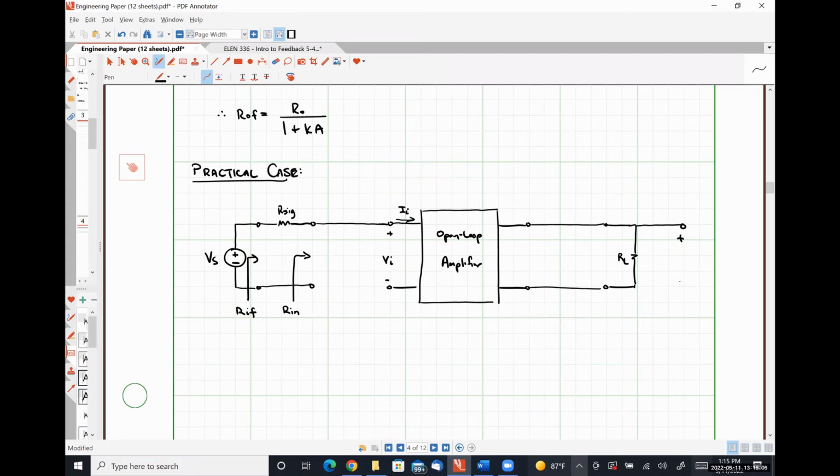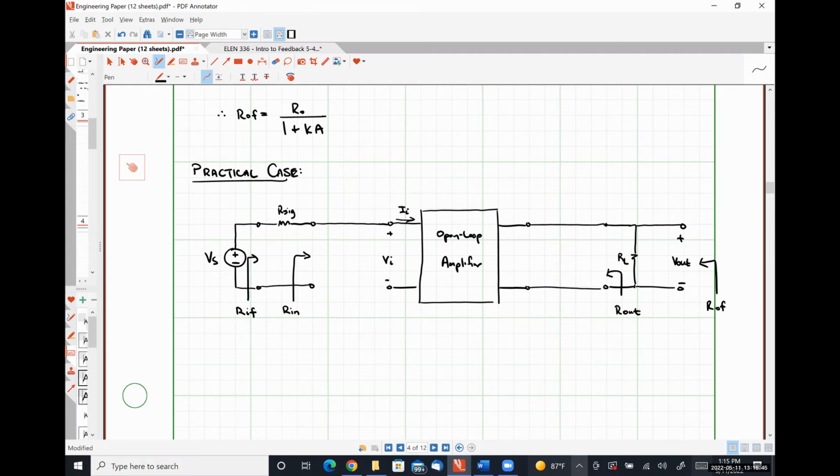And then here's where I'm going to measure my output voltage. Looking in from here, we have our output resistance with feedback. Looking in from this set of output terminals, we're going to have this resistance R out, which is effectively simply our output resistance with feedback, neglecting our load resistance. Okay, so neglecting the effects of having a finite load resistance.